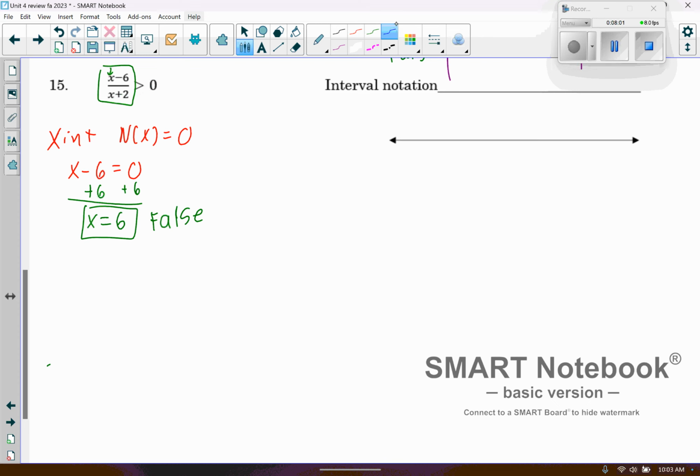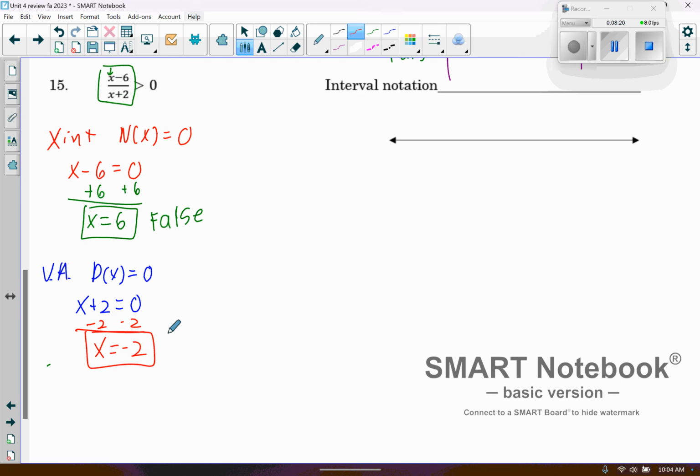Then the next part is to find the vertical asymptote. To do that, you take the denominator and set that equal to 0. So we're going to take the x plus 2, set that equal to 0. And so we get x equals negative 2.